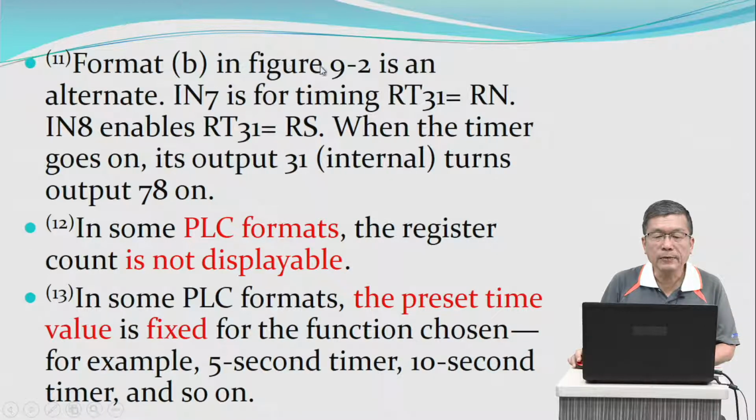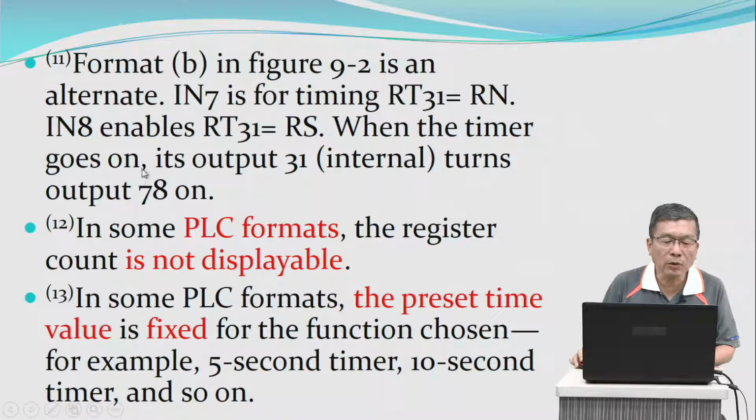Format B in figure 9.2 is an alternate. IN7 is for timing, run timer 31 equals run. IN8 enables timer 31, equals RS.